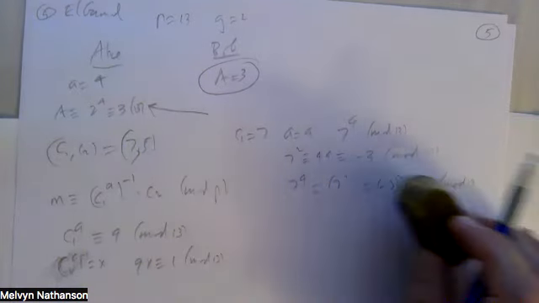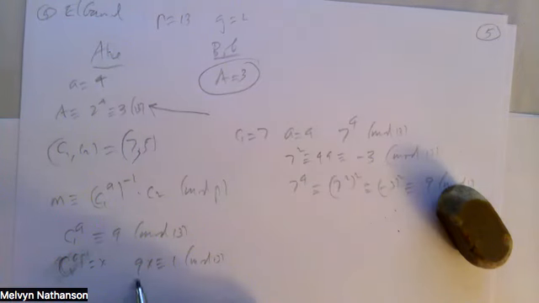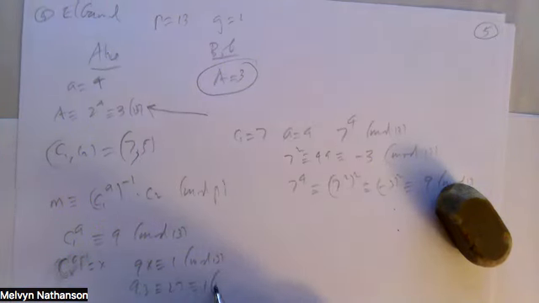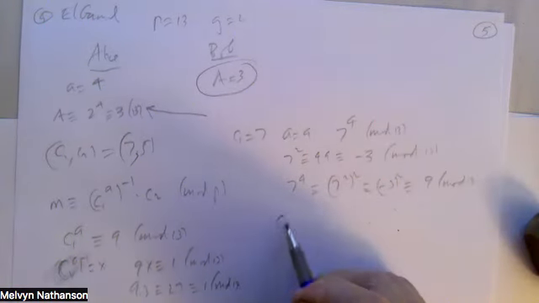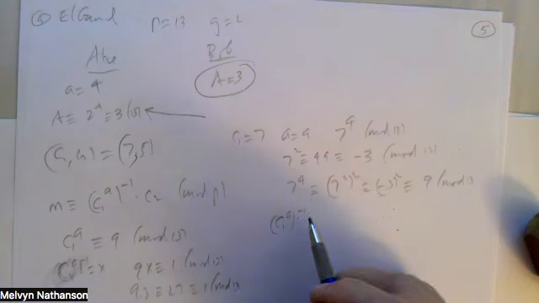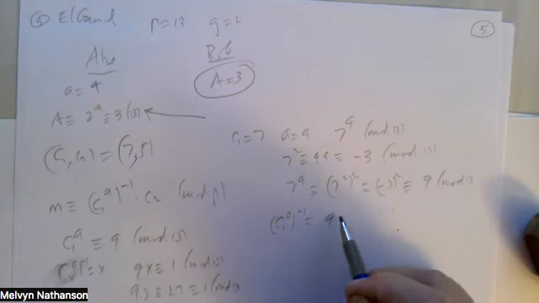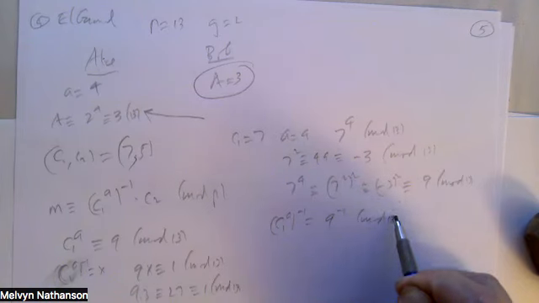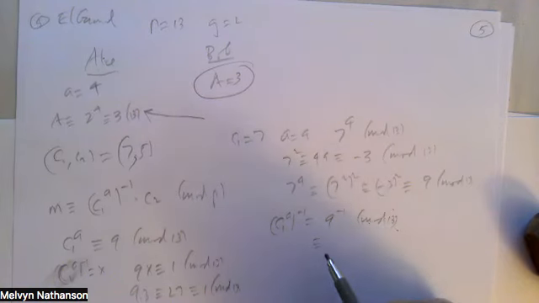And if you just start checking X equal 1, 2, 3, you'll see that 9 times 3 is 27, which is congruent to 1 mod 13. So C1 to the A inverse, which is 9 inverse mod 13, is equal to 3.